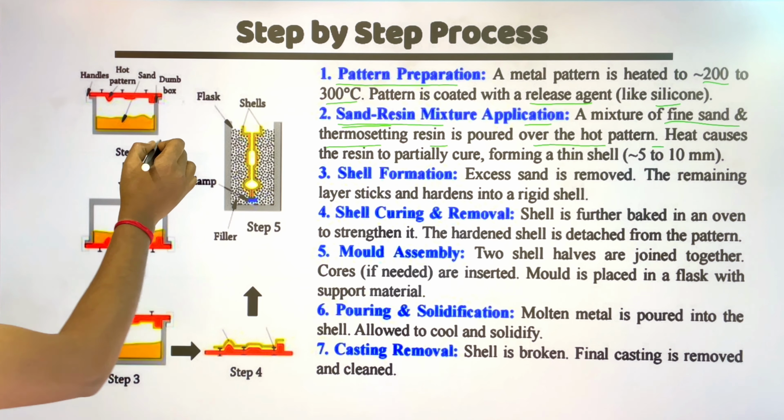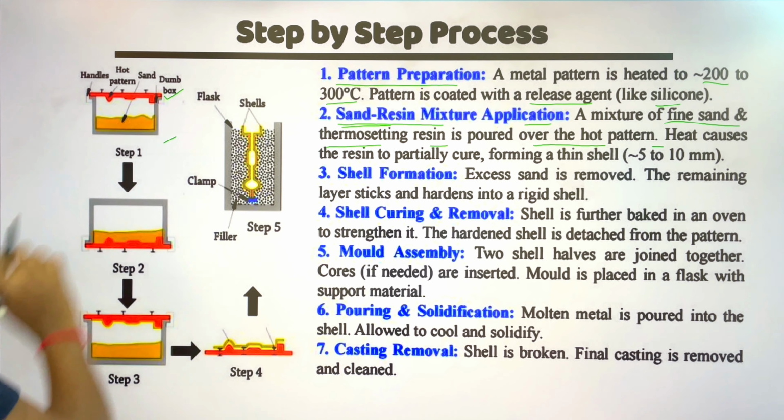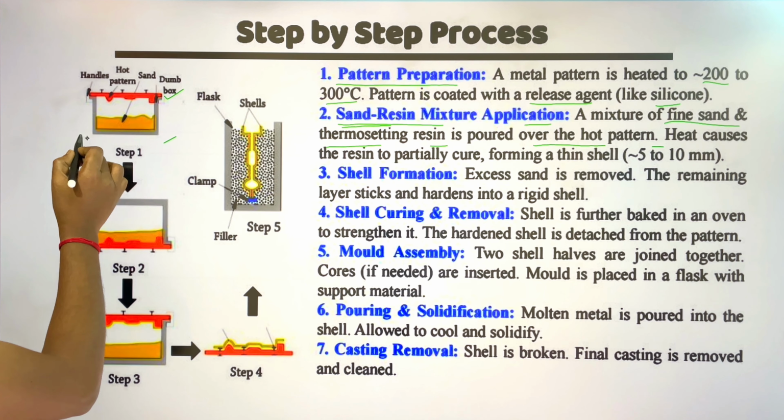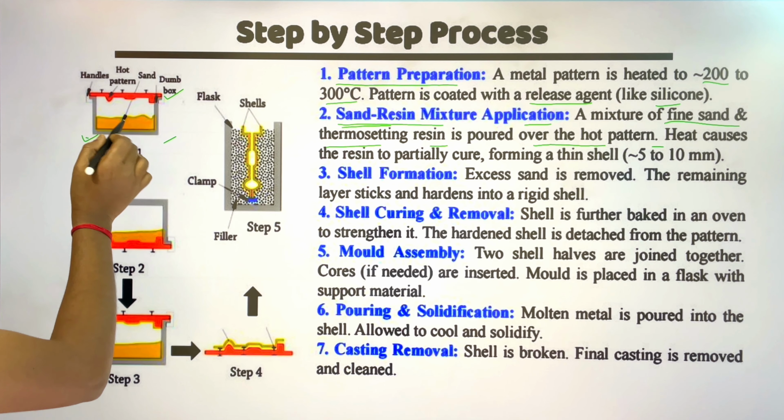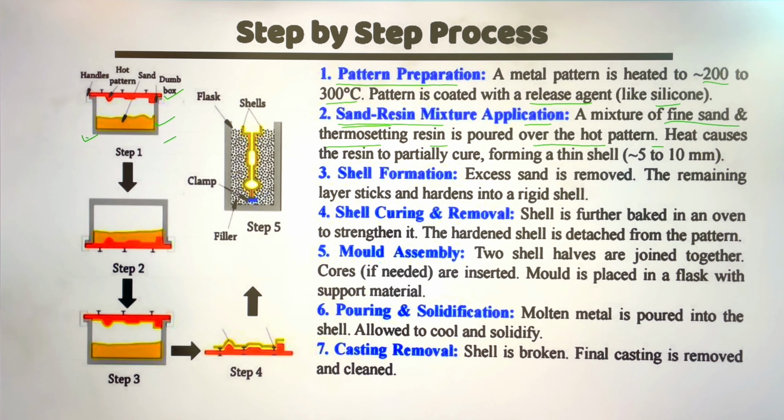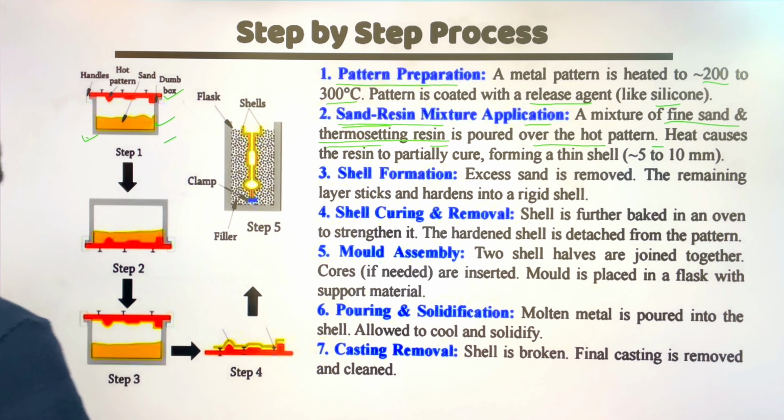So in this step 1 we can see this is the pattern. It is heated and the heat is near about 200 to 300 degrees Celsius. So this is the box. In this box we can see this is the mixture of sand and thermosetting resin.